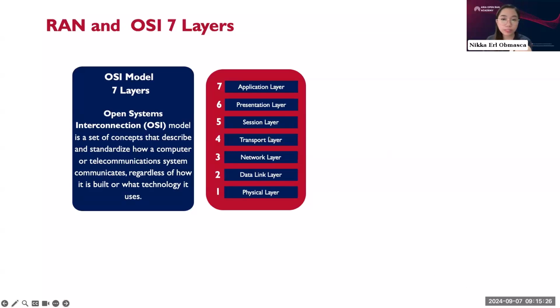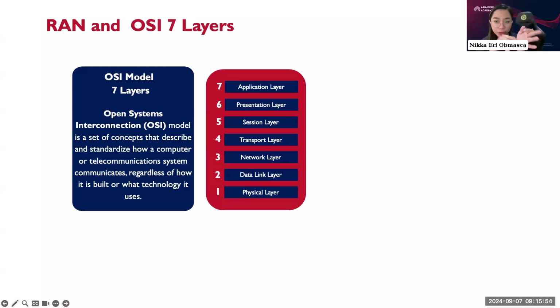Second to the last, we have the presentation layer. Yung presentation layer natin translates the data between the application layer and the network. It handles different functions like data encryption, compression, and conversion that ensure different systems can understand each other.